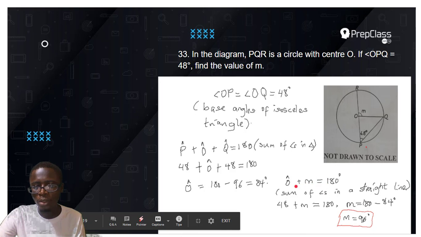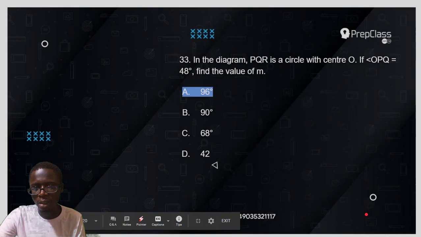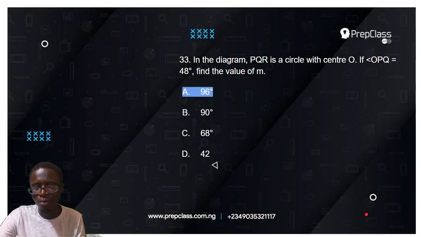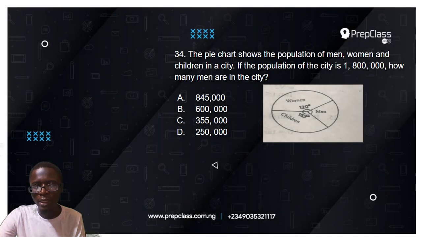Substituting the value of angle O, which is 84, plus M is equal to 180. Making M the subject of the formula, it is 180 minus 84, and that will give us 96. This is option A.